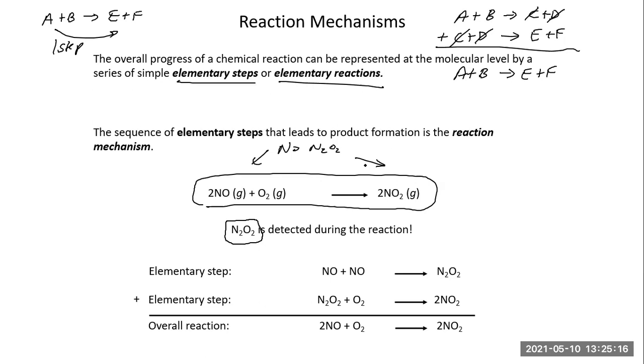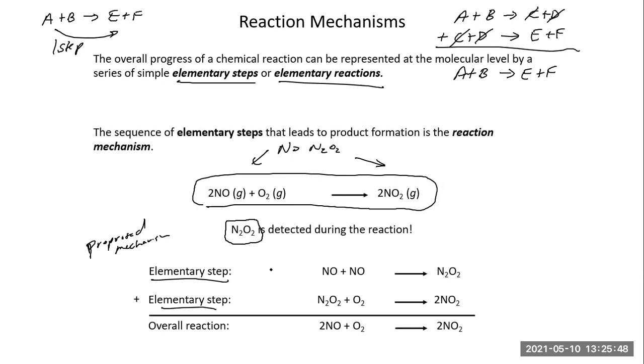That would imply that this reaction doesn't occur in a one-step fashion, and that there may be multiple steps in the formation of the product. And that's where we get something down here, which is a proposed mechanism made up of two elementary steps, a way to explain what we're witnessing in this particular reaction.